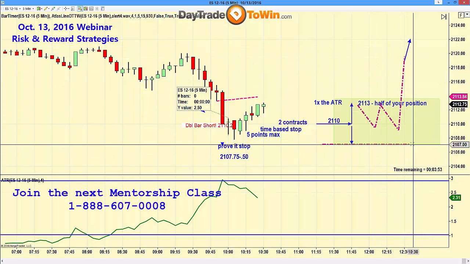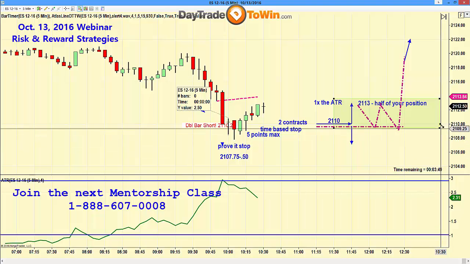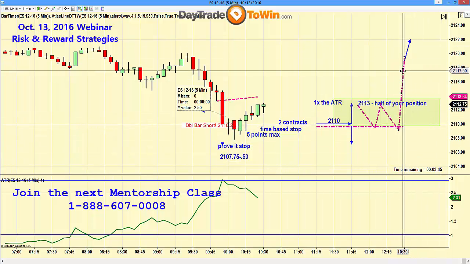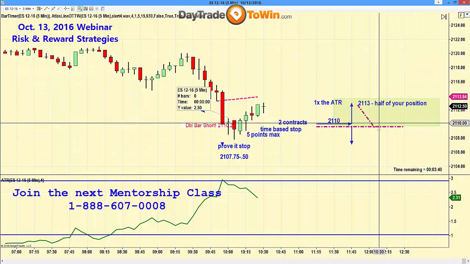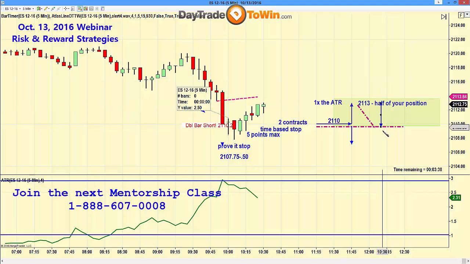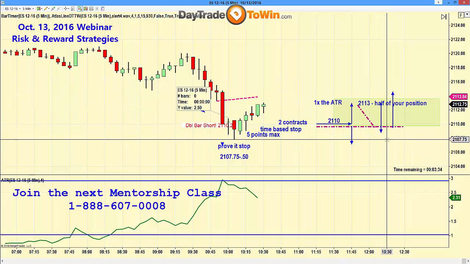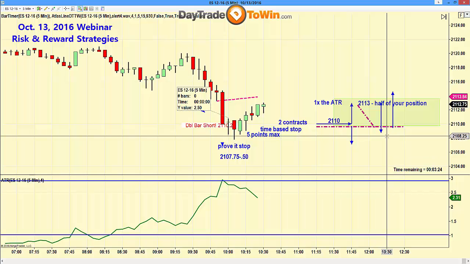If you have your stop here after you take half of your position off the table, in reality, the same thing could happen. That remainder half of your position could equally go down 3 points as it did go up 3 points. So you're just letting that remainder one contract, half your position, get stopped out because you're putting it too close and too tight.